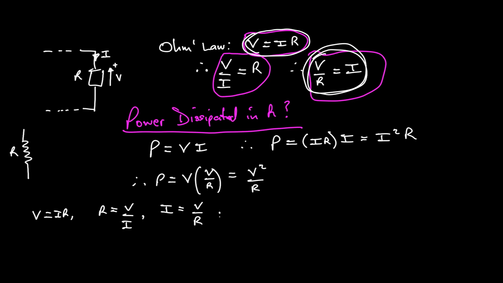And then in terms of power, power can be expressed as V times I, could also be expressed as power equals I squared R, and finally, power can be expressed as V squared over R.